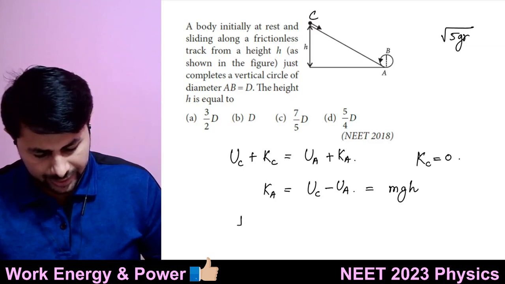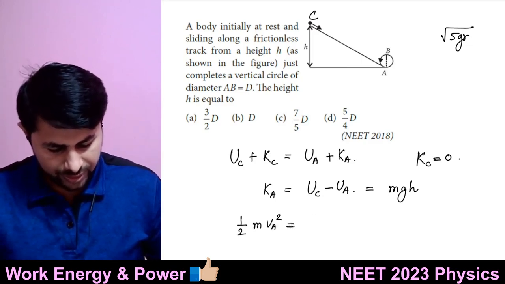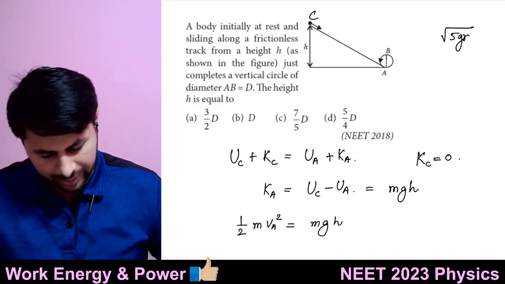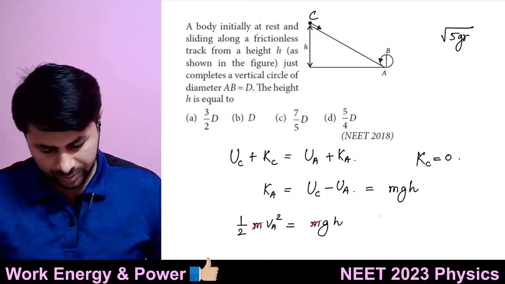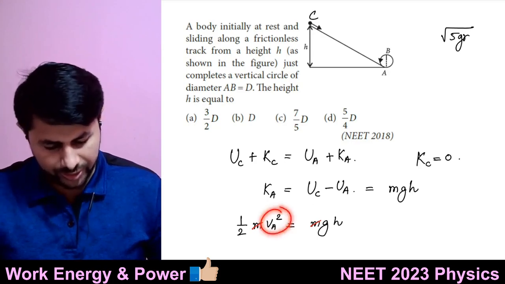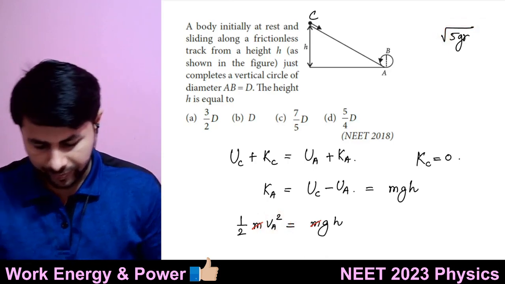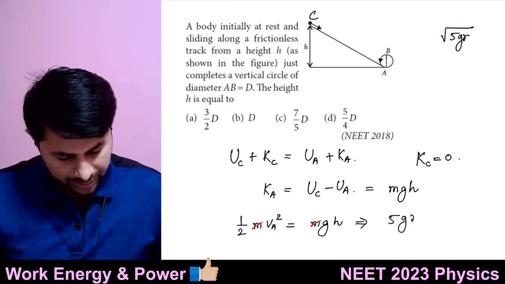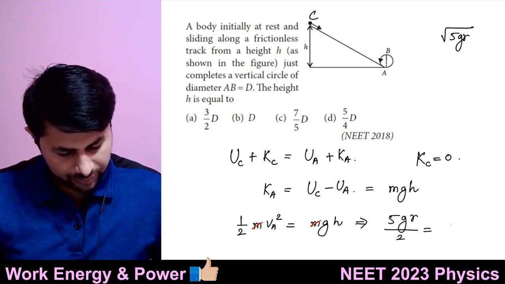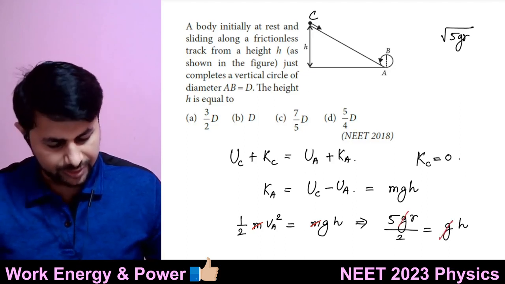And kinetic energy at A is half of m into Va square. So this is equal to mgh. So m and m get cancelled. And how much is the velocity? Square root of 5gr, so its square is 5gr. Which implies that 5gr upon 2 is equal to g times h. So g and g also get cancelled.